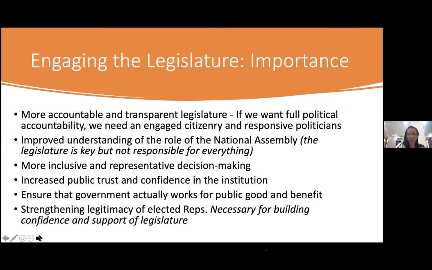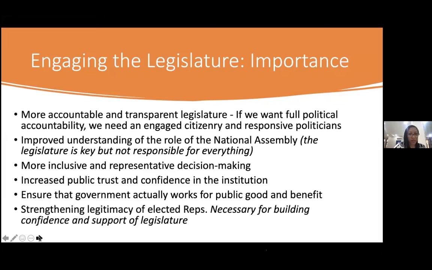And even though we see a lot of that happening in our country and our democracy, that is not a primary role of the National Assembly. So I think engaging the legislature gives an opportunity to better understand their roles, the remit of their functions, what they can and what they cannot do.